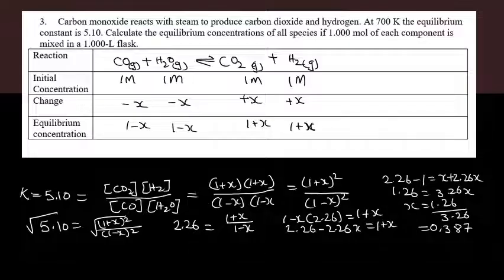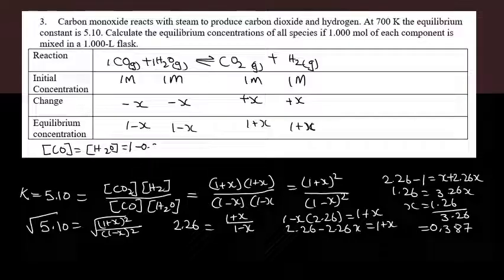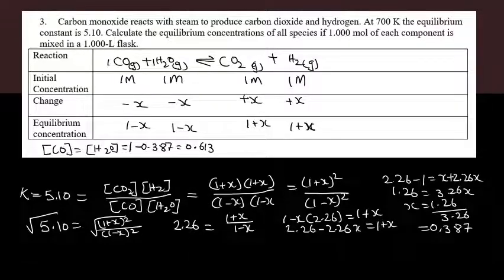So we will just substitute the x at equilibrium. We know each coefficient is 1. So the concentration of carbon monoxide equals the concentration of water, which equals 1 minus the x value we calculated, 0.387, that equals 0.613 molar.